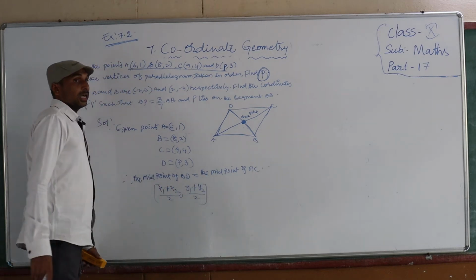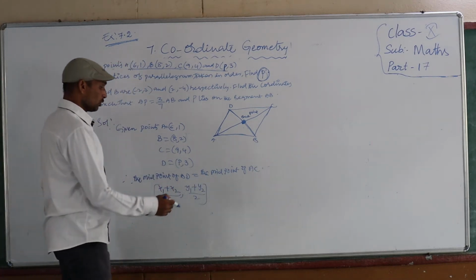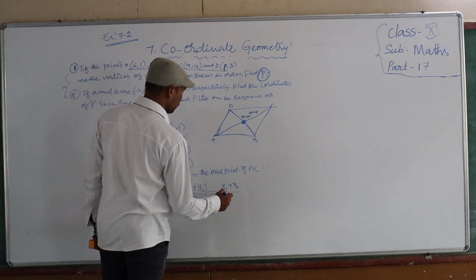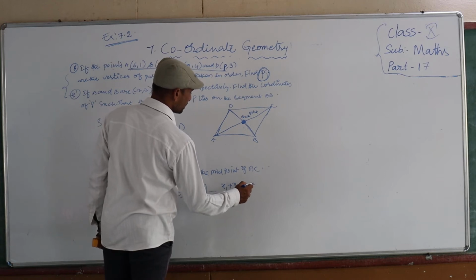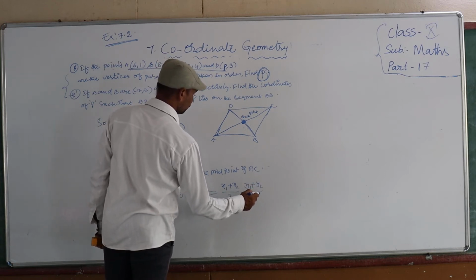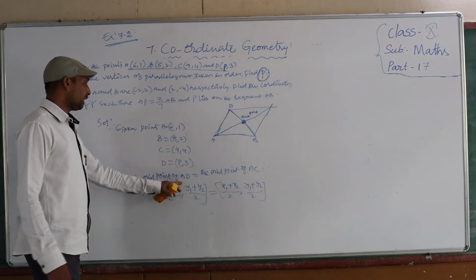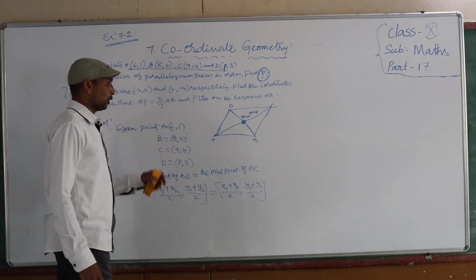So here again (x1 plus x2) by 2, (y1 plus y2) by 2. Here first the BD points, then the AC points.